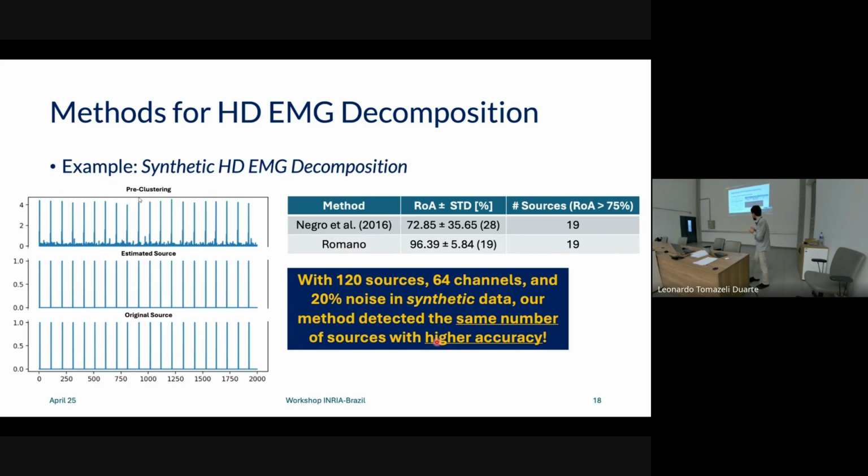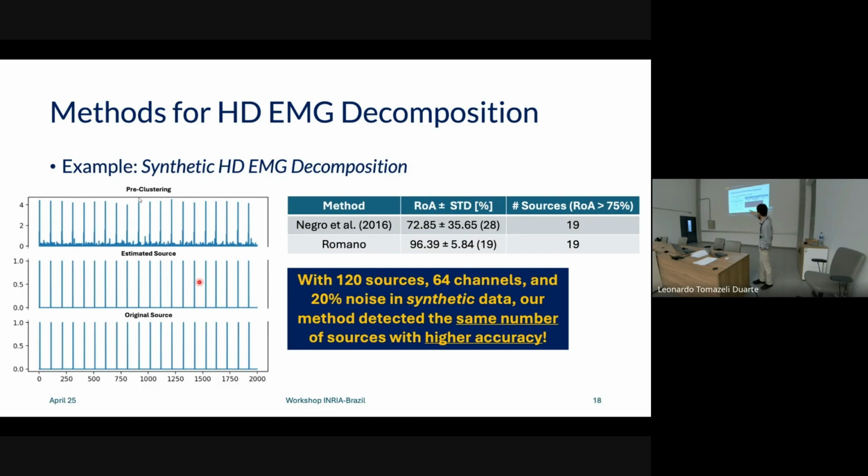And in this case, before the clustering part, at the end of the processing pipeline, we have a source that is approximately a spike train, but we have some very low-level noise, and then after clustering, we can identify the time instances of activation of this motor unit.